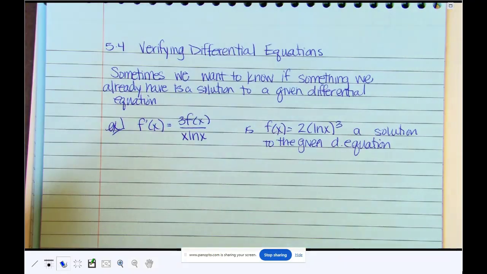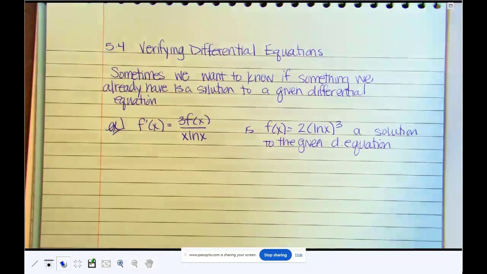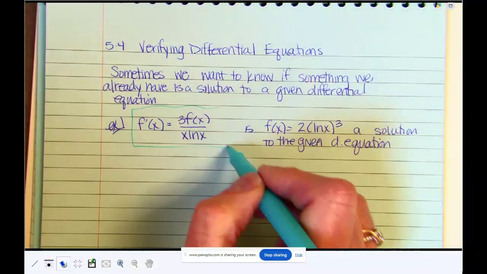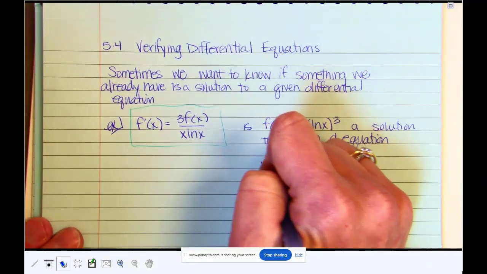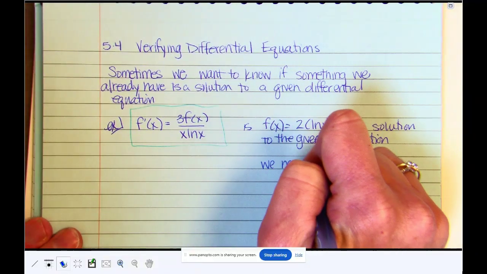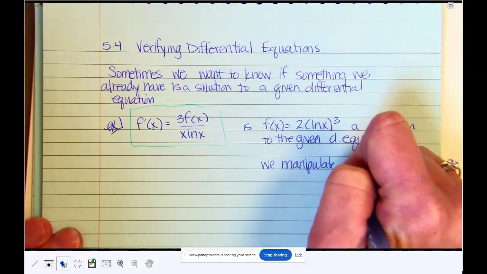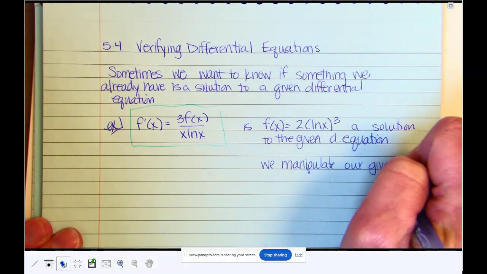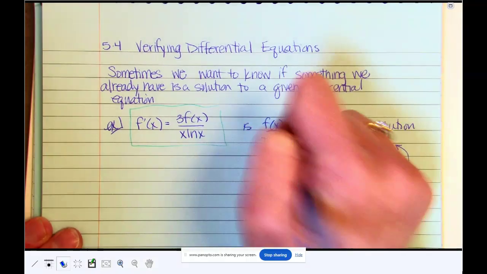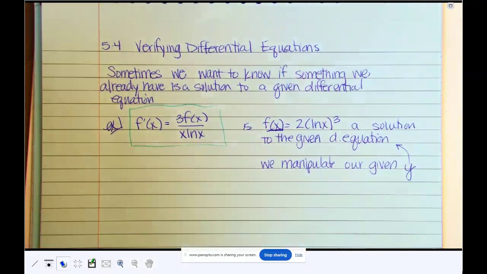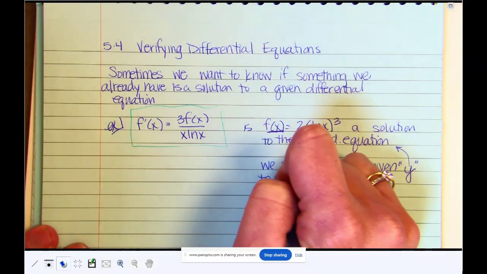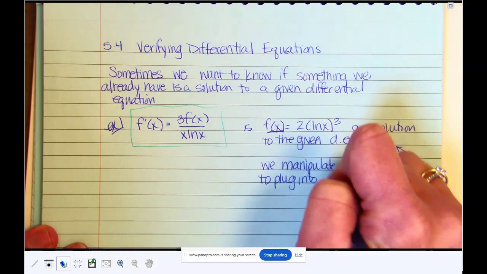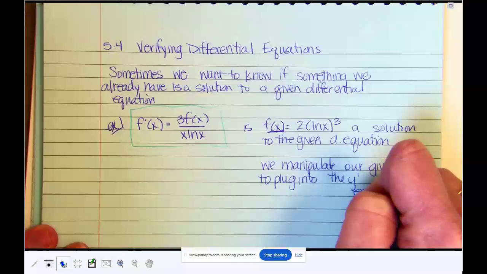So this guy over here kind of acts like a recipe. So what we have to do is we manipulate our given equation, this f of x, our given y, so original equation, to plug into the y prime equation.